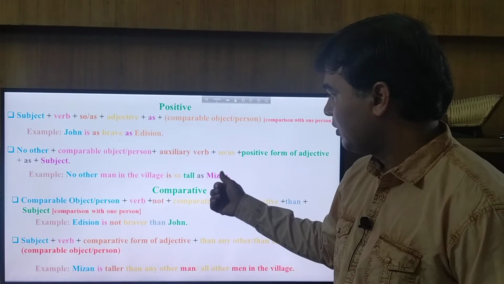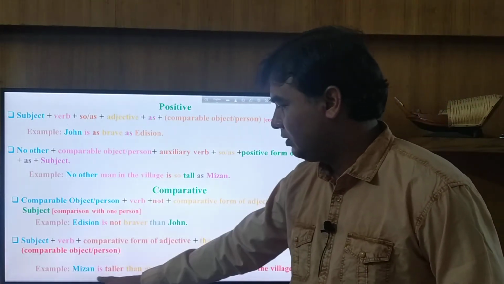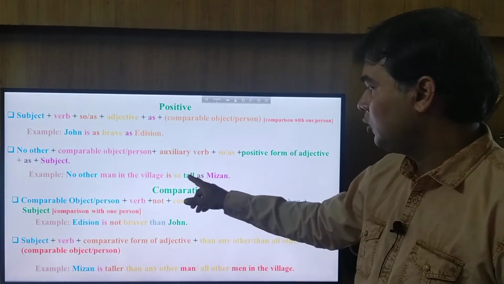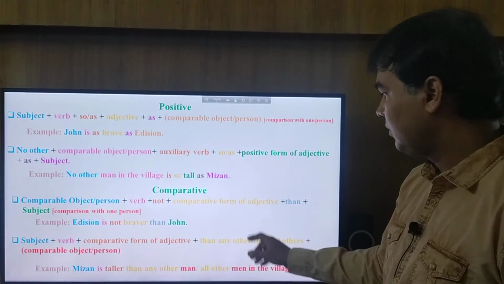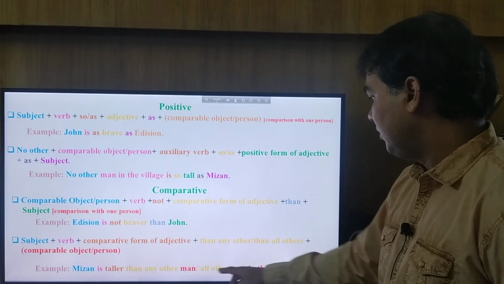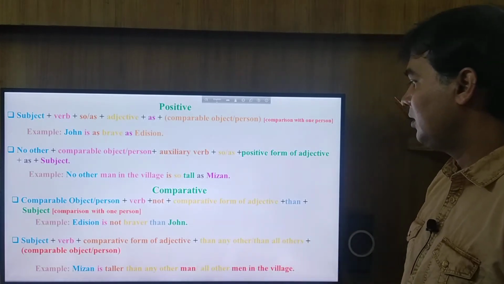First of all, subject Mizan, then verb "is", then comparative form of adjective tall, taller, then "than any other man" or "than all other men in the village".